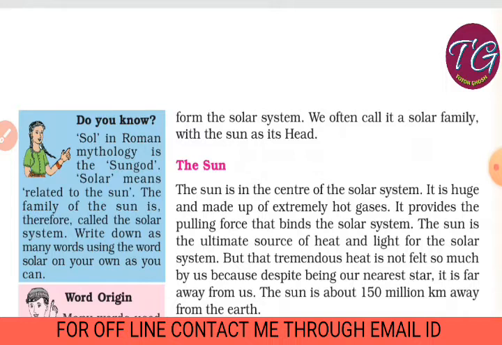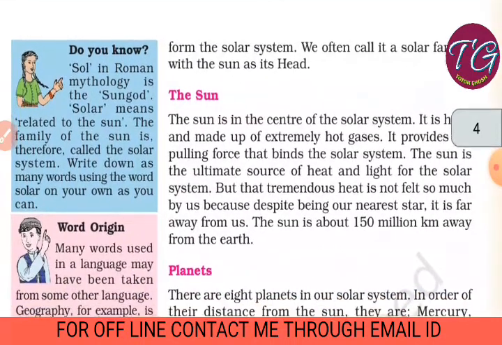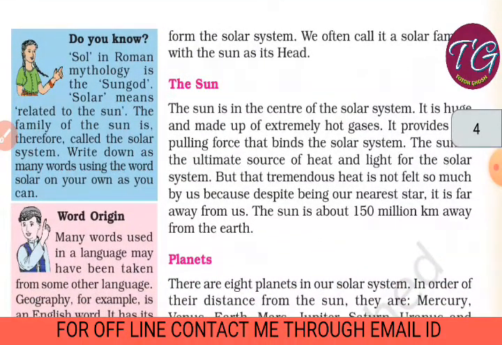Now, next, what is the sun? This is most important because it is the head of the solar system. It is at the center of the solar system. The sun is huge and made up of extremely hot gases. It provides the pulling force that binds the solar system.